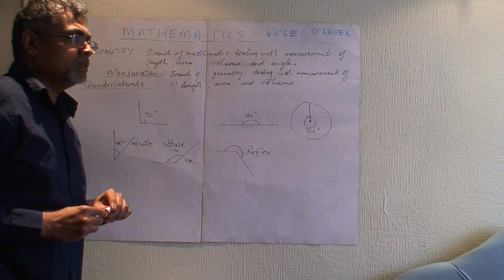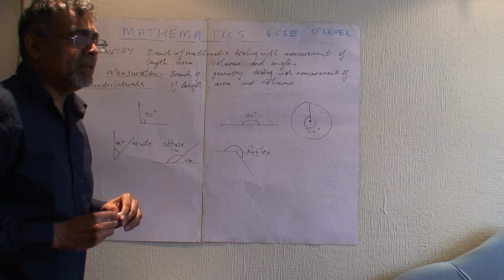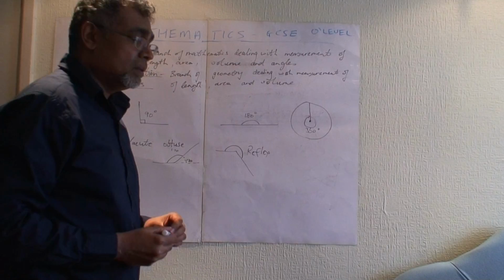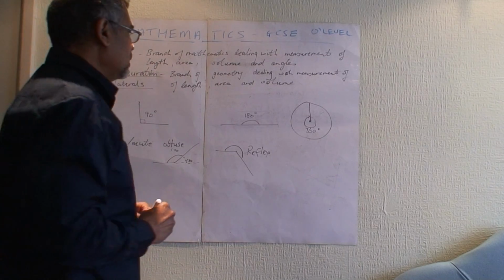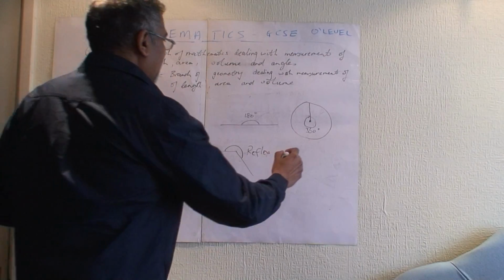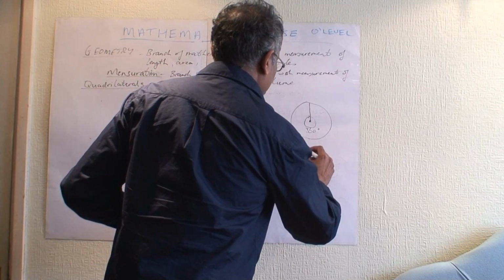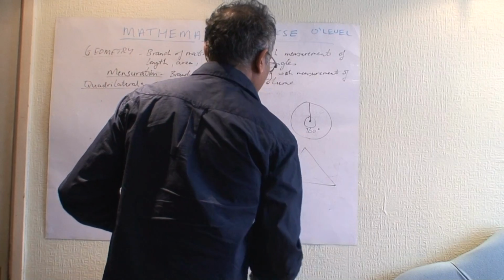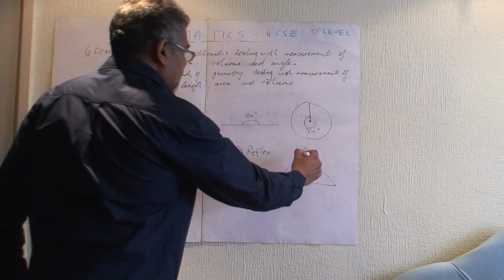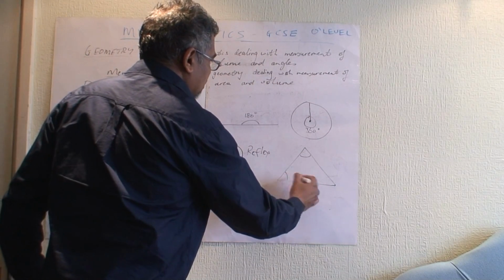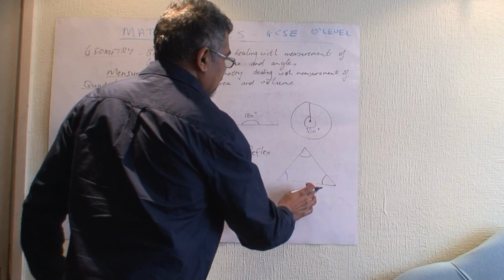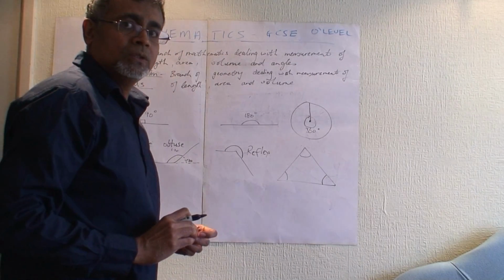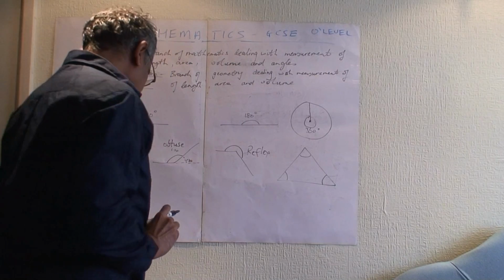Now, it's also important to understand when you're dealing with triangles. Triangles, as you know, have three sides. All the interior angles always add up to 180 degrees.